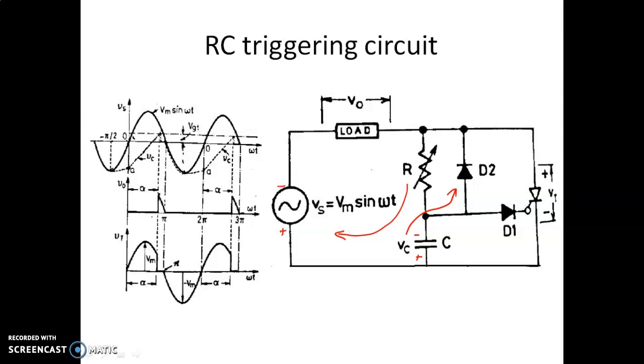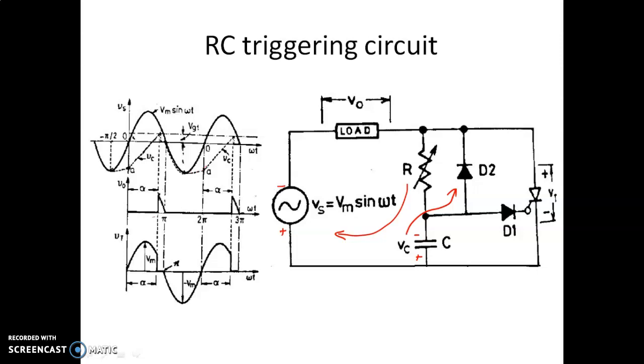Since this is greater than 90 degree, only a small portion of the input voltage comes across the load. During the negative half cycle, there is no voltage across the load because the thyristor is off again. And again, during the negative half cycle, the capacitor charges to negative Vm, and it reaches OA again.